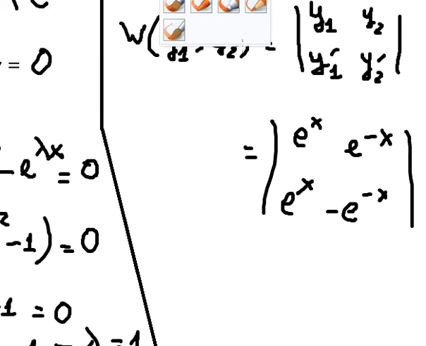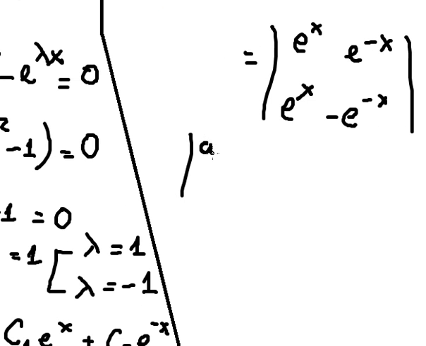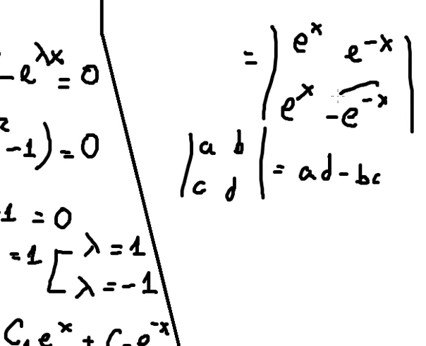So that should be A, B, C, D. So this one, we have A multiplied by D minus B multiplied by C. So this one multiplied by this one, we have negative e to the power of s minus s minus this one multiplied by this one.